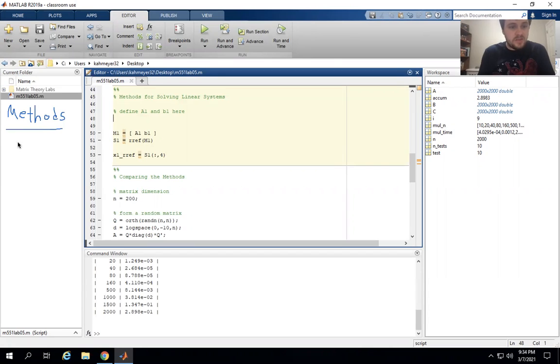And again, what we want to solve is AX equals B, where A is, for the lab, going to be 3 by 3. B will be a 1 by 3 vector, and that means X is also a 1 by 3 vector.